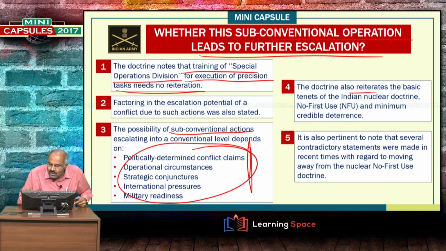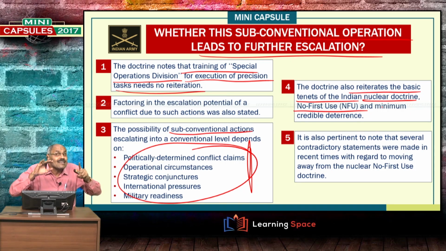The doctrine also reiterates the basic tenet of the Indian nuclear doctrine: no first use. So, here one important point is that the no first use policy was reiterated. So, in the second doctrine for the armed forces, there are two important points: surgical strikes were legitimately included, and the second point is that the no first use policy is continued.